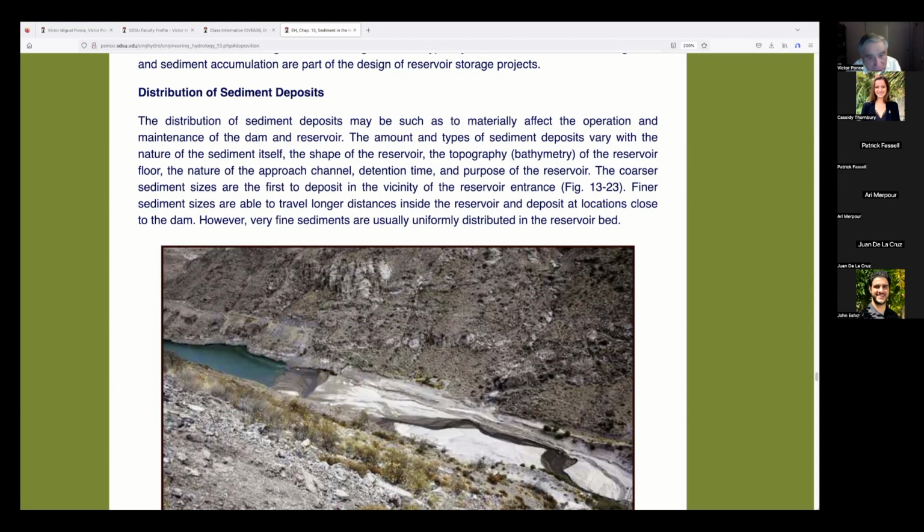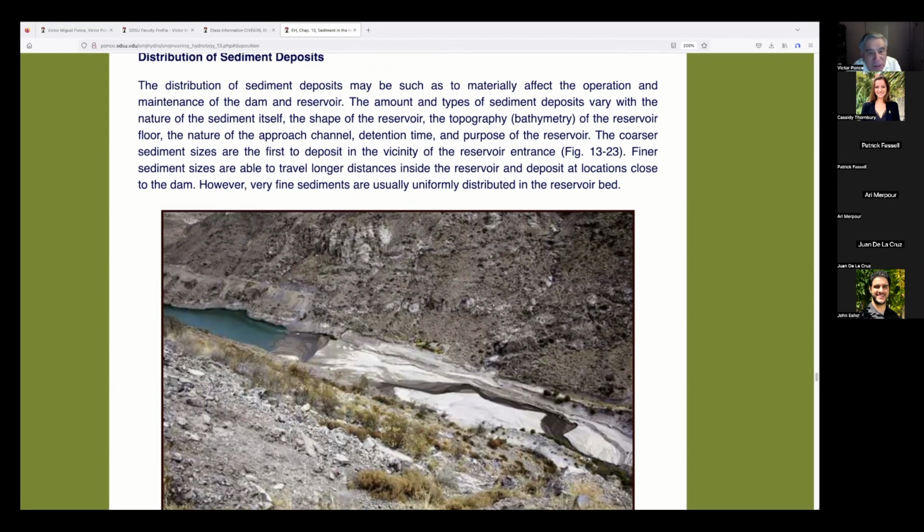There are hydroelectric reservoirs, there are reservoirs to hold water, there's reservoirs to make the water rise to a certain level. There's all kinds of usage for reservoirs. The coarser sediment sizes are the first to deposit in the vicinity. We already had said that. We showed the graph. Finer sediment sizes are able to travel longer distances inside the reservoir and deposit at locations close to the dam. Very fine sediments are usually uniformly distributed in the reservoir bed.